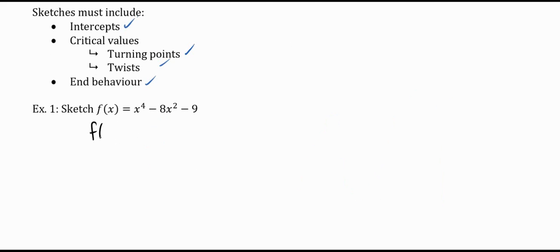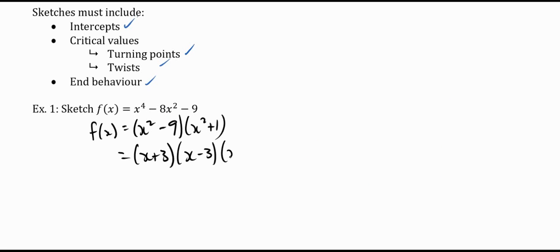So first thing, I'm going to factor this. x squared minus 9, x squared plus 1. Good thing it's factorable. That's how we find the x-intercepts. x plus 3, x minus 3, and x squared plus 1. So we've got two x-intercepts. We've got a y-intercept.